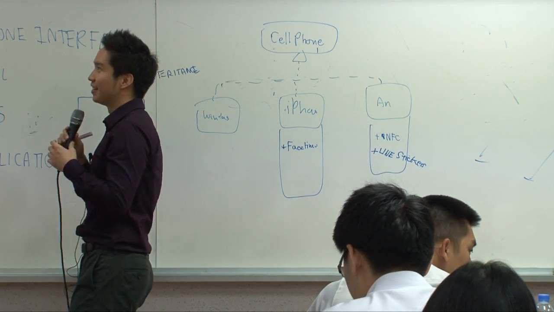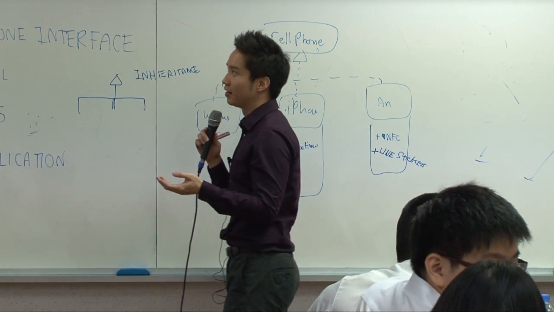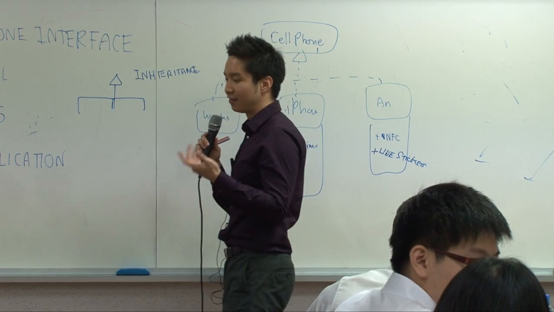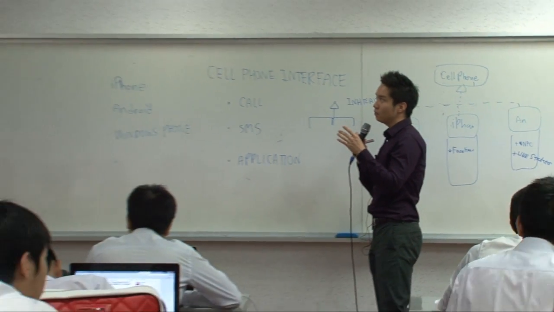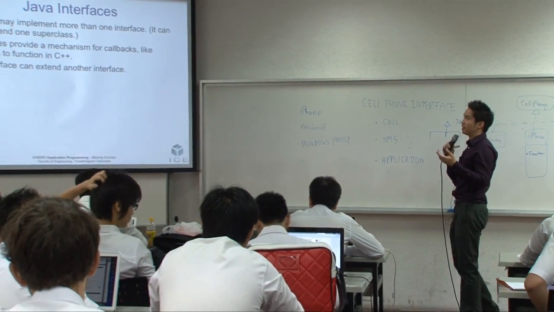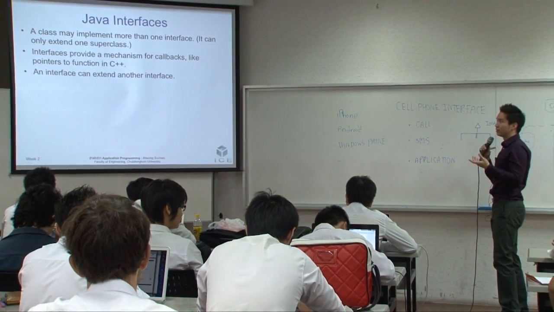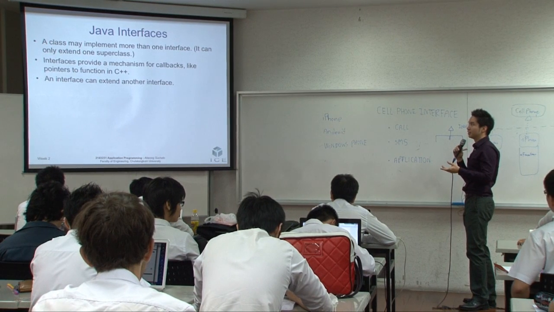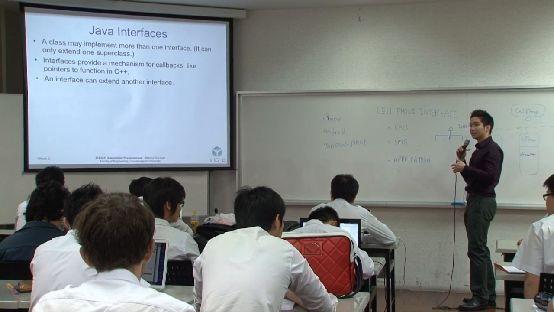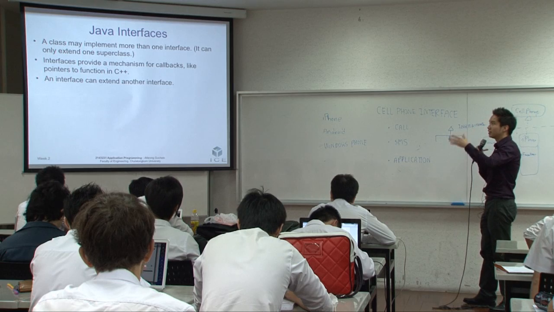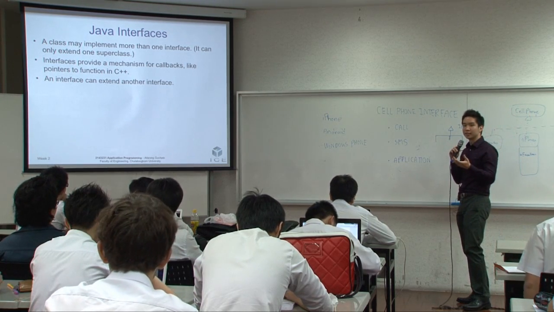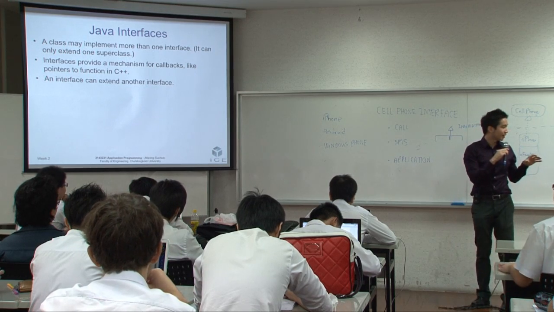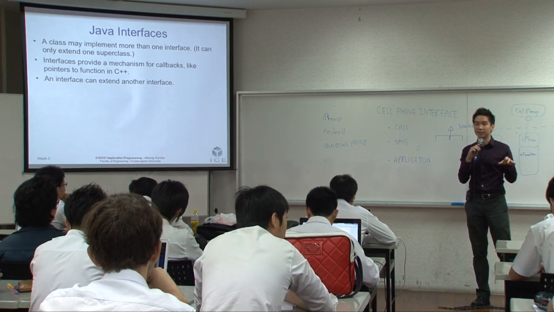We'll give an example of what kind of class can have multiple interfaces. But an interface also provides a mechanism for callbacks, like pointers to function in C++. An interface can extend another interface. All these are just additional caveats that we want to mention. But let's take a look at an example of what an interface looks like.